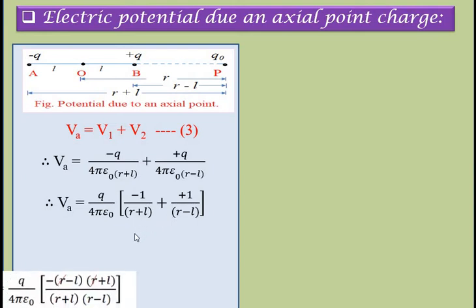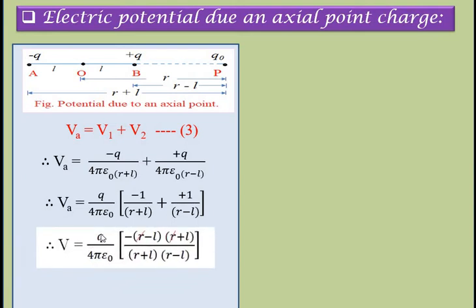Simplifying, we get V is equal to Q divided by 4 pi epsilon 0 into (R plus L minus R plus L) divided by (R plus L)(R minus L). Here R gets cancelled in the numerator and we get only 2L, because due to the minus sign, the sign changes and L plus L becomes 2L.